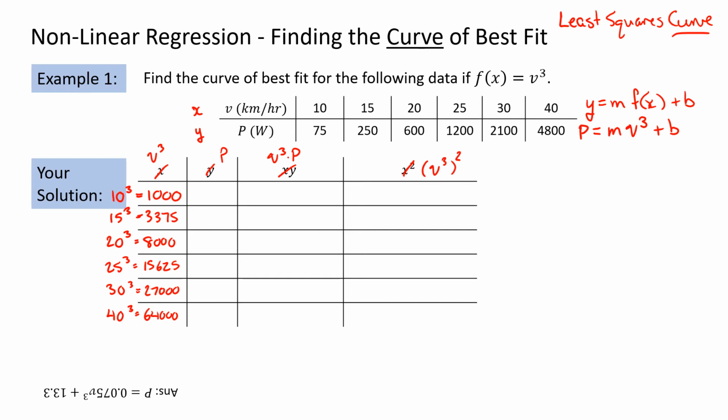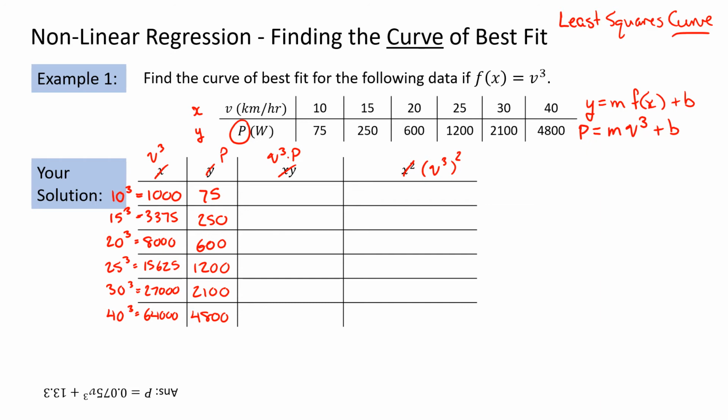So the y column, power p, it's just p, right? So we can take the data exactly as it sits here, okay? So we have 75, 250, 600, 1200, 2100, and 4800. Now our next column is multiplying the first two columns together.